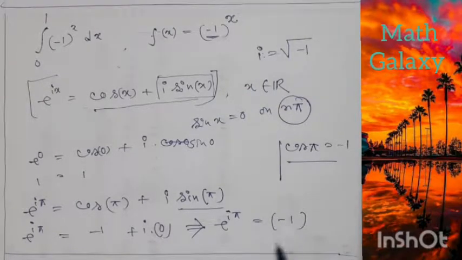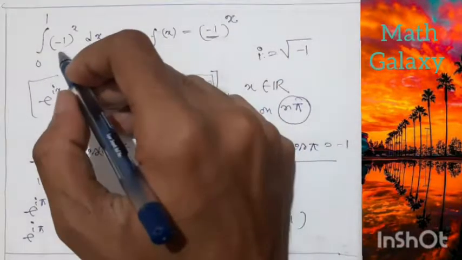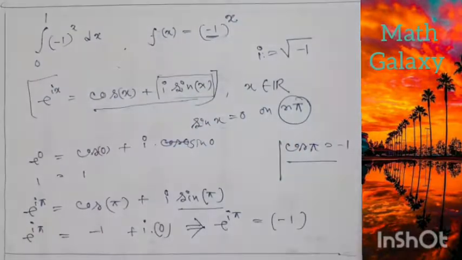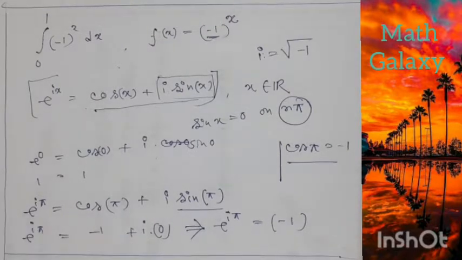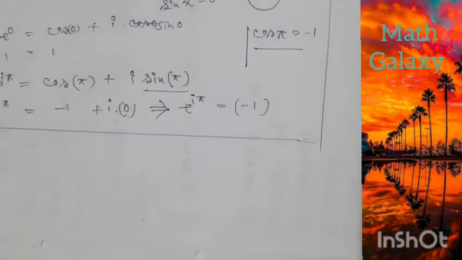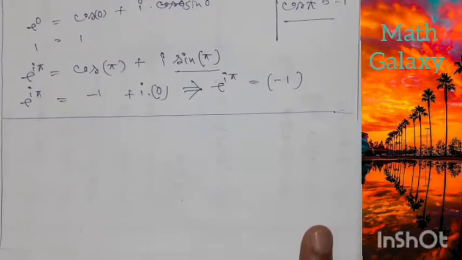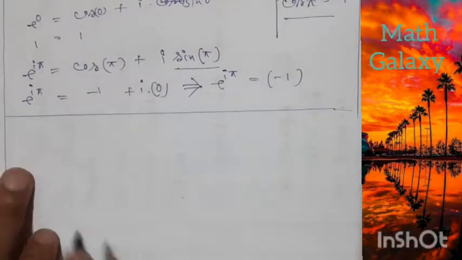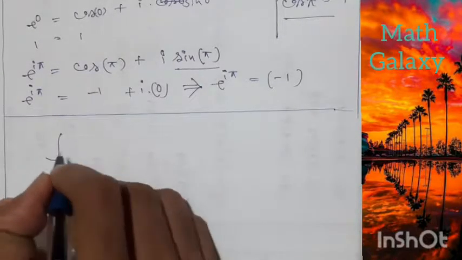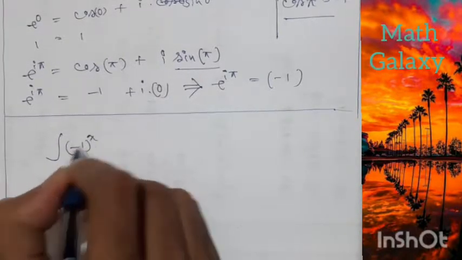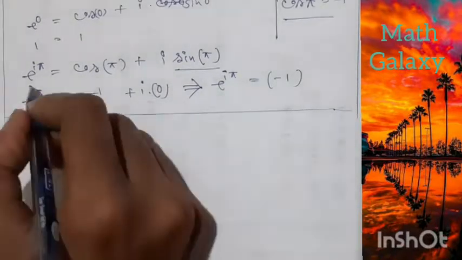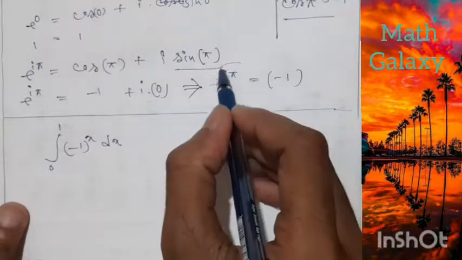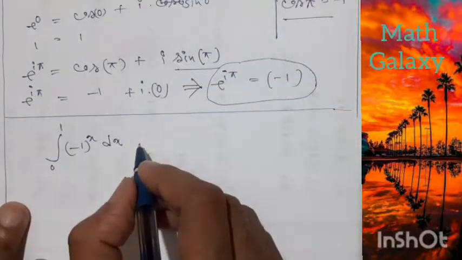So we need to replace this minus 1 in this integral right here. Let me see what really happens. What was the integration? The integration was (minus 1) to the power x, from 0 to 1, dx, and what we're going to do is put this value in place of minus 1.